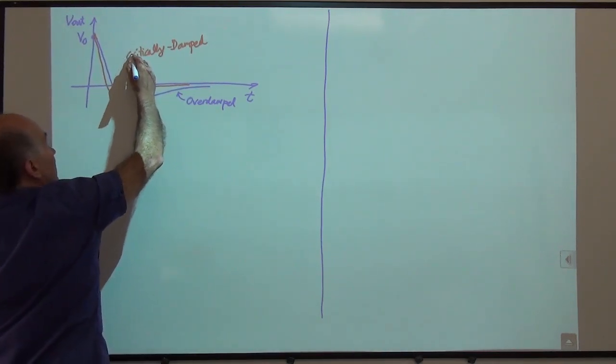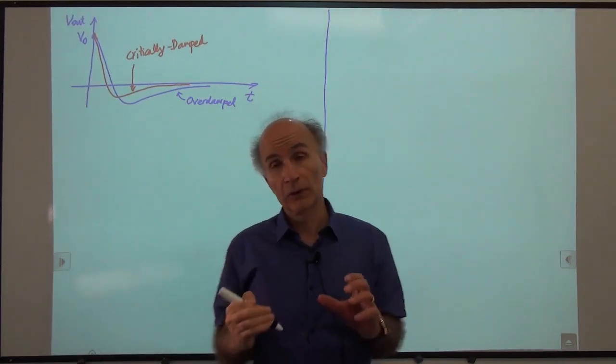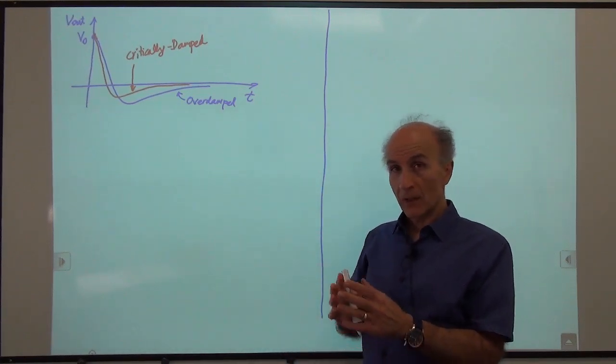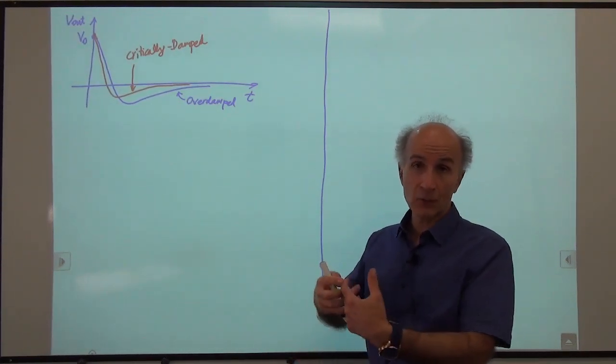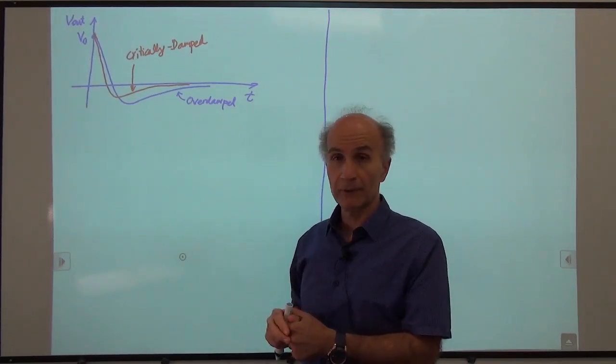So we see that in the case of critical damping, for example, in our circuit, when R1 is equal to 1/2 of square root of L1 over C1, the response is faster. It gets to its final destination more quickly than the case of overdamped, right?